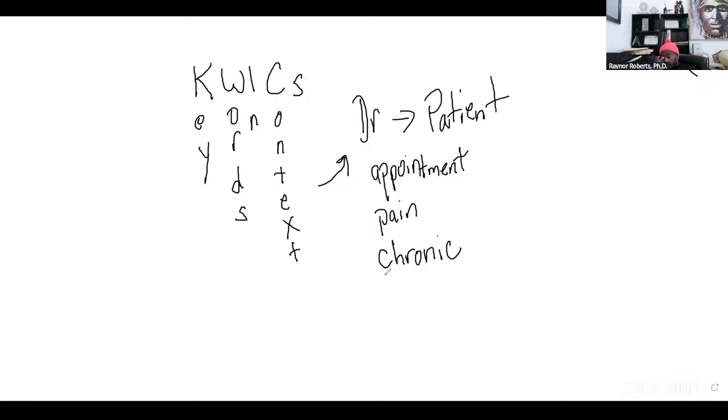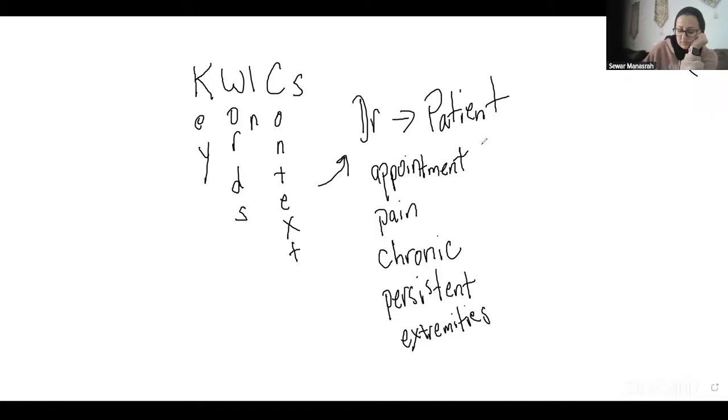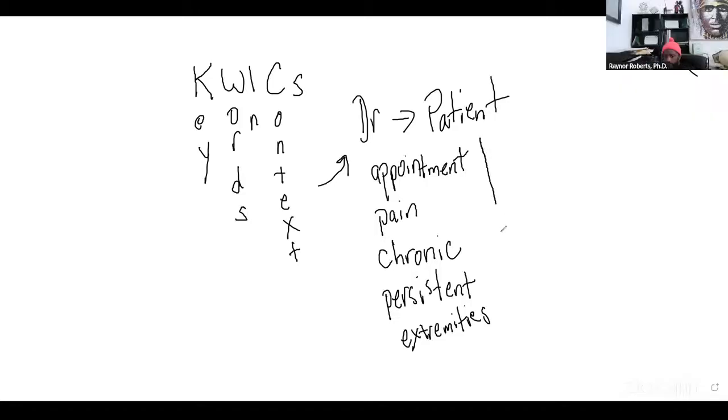Let's see. It may be a word like persistent. Like I'm getting persistent pain in my back. They might get a word like extremities, right?